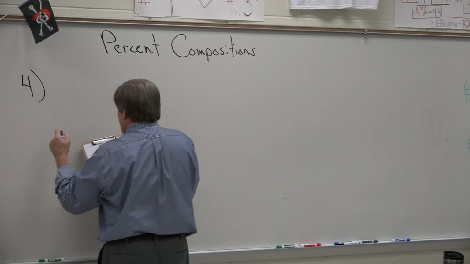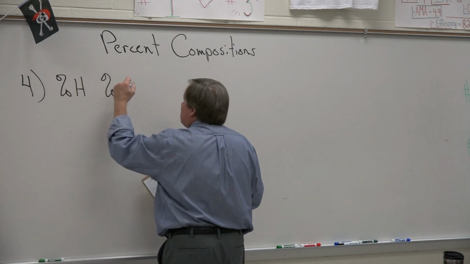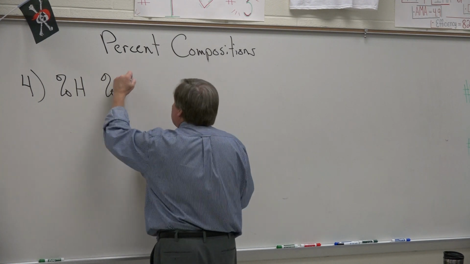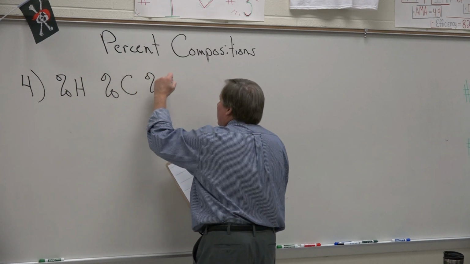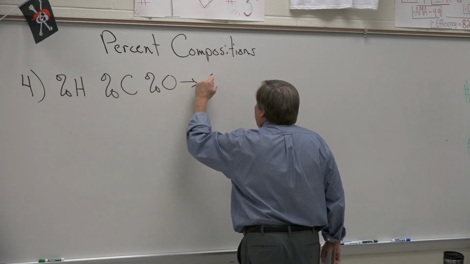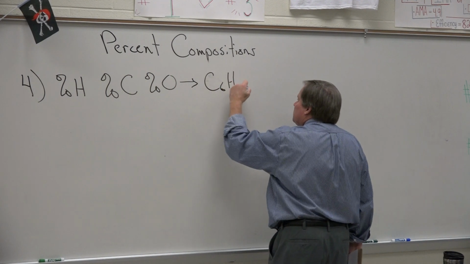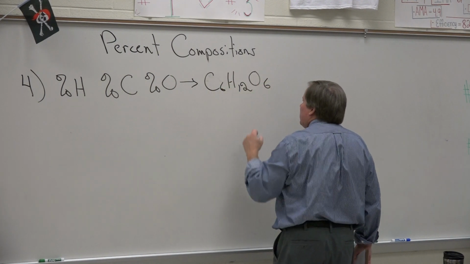All right, so percent H, percent carbon, percent oxygen, and our glucose is C6H12O6.